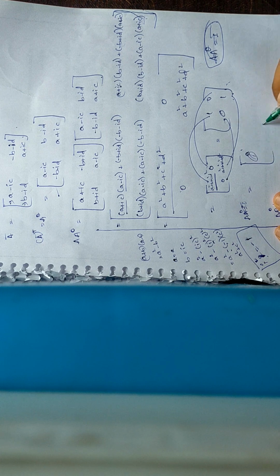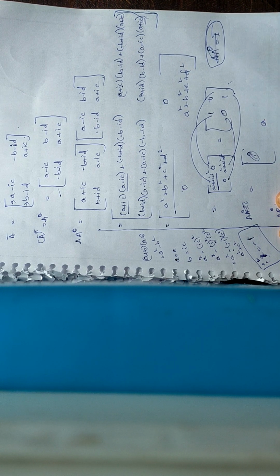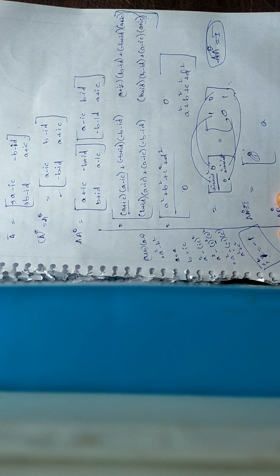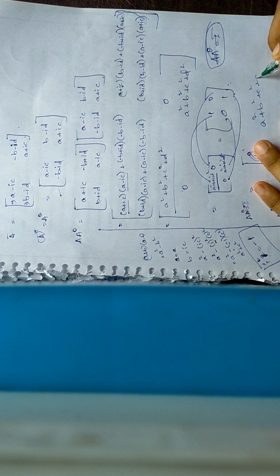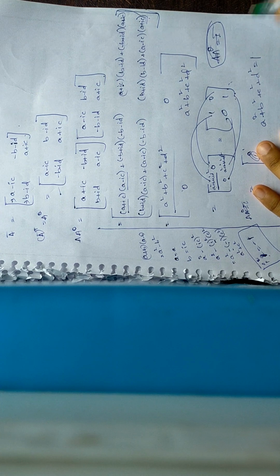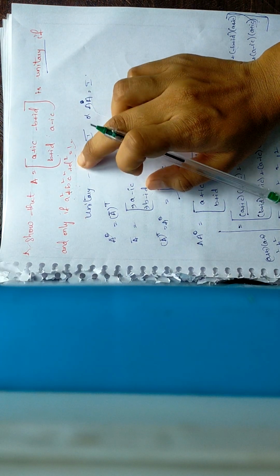So hence proved: from the given matrix, if you assume that the particular matrix is unitary, and after finding the unitary condition and equating it to the identity matrix, we observe that a square plus b square plus c square plus d square equal to 1. Hence this particular matrix is unitary only when this condition is true.